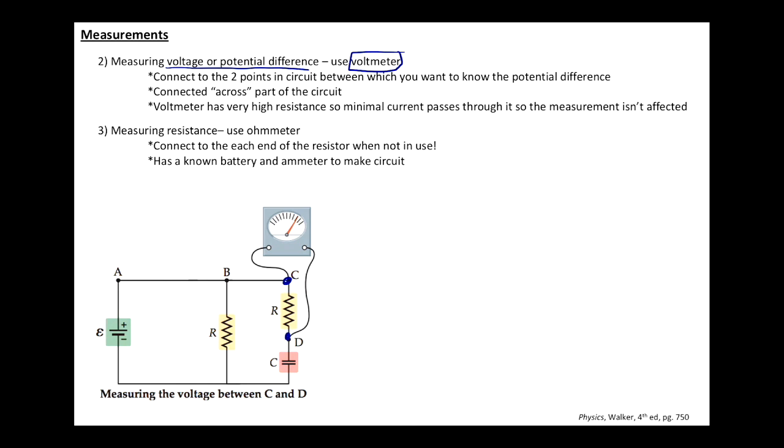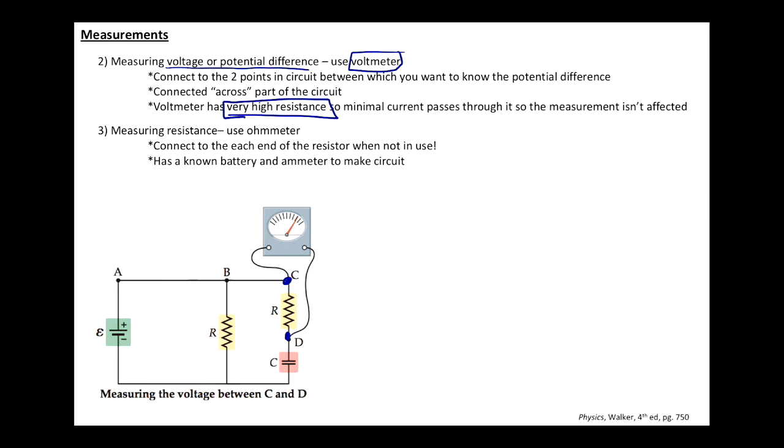So the key here is, well, if I wanted to know something about this potential difference, if I put something else in parallel, have I just changed the potential difference? Well, not if, in this case, we have an item that has really, really high resistance.